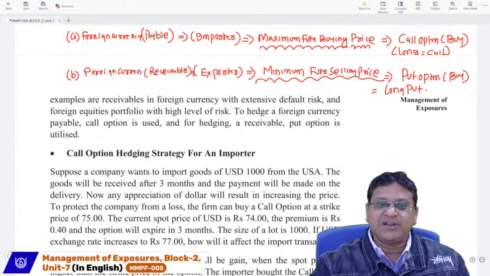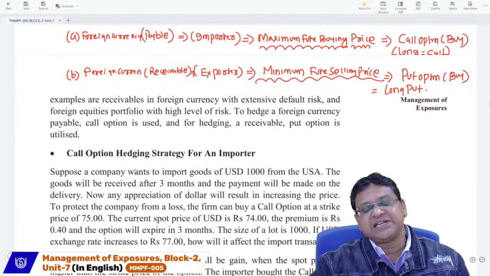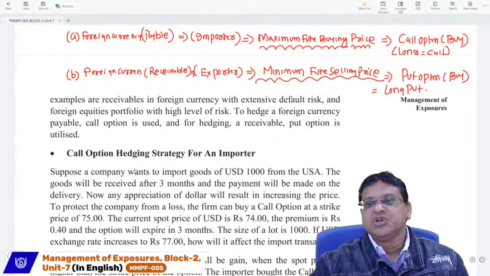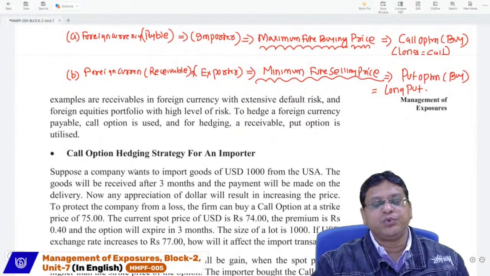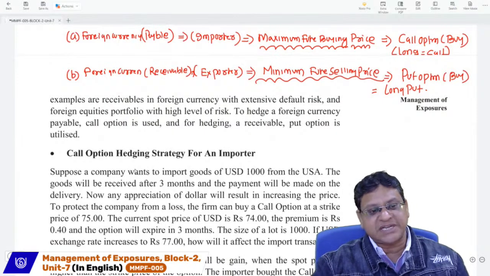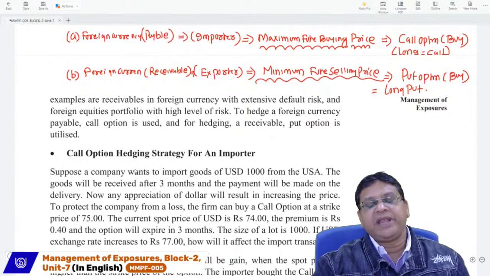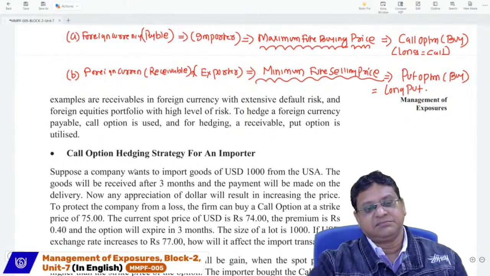And if it is foreign currency receivable, that is exporter, he is interested in fixing minimum future selling price. So he will do it by buying put option or he will adopt long put strategy. So with the help of long call or long put strategy, you can reduce the foreign currency risk, that is transaction risk.